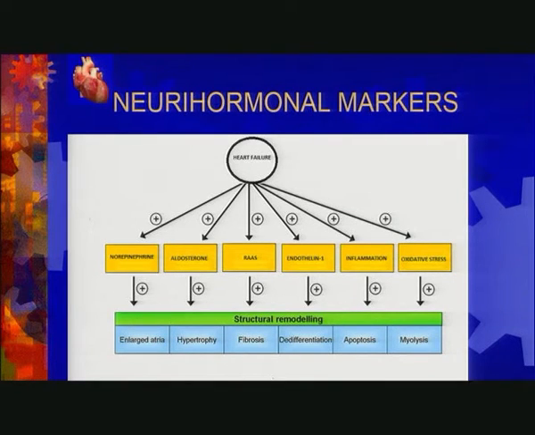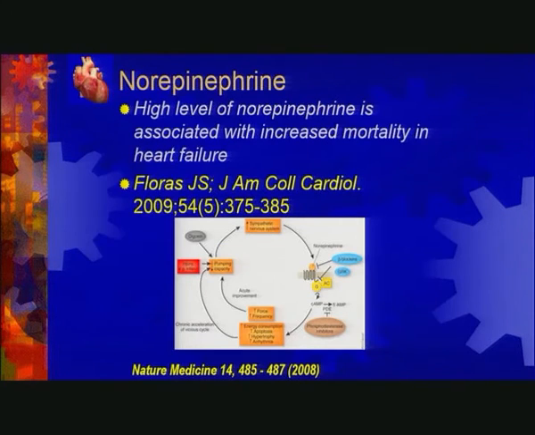That's why they are very important for structural remodeling, and they are involved in dilatation of the atria and hypertrophy of the cardiomyocyte. This is the trophic effect I talked about, along with fibrosis, dedifferentiation, apoptosis and myolysis, which means damage of the cardiac myocytes. So cardiomyocyte damage is not only due to ischemia, cutting off the blood supply; it can also be due to one of these hormones, in a direct or indirect way.